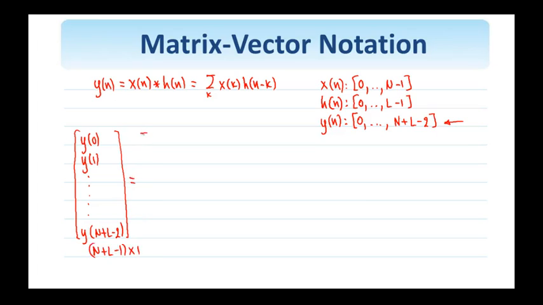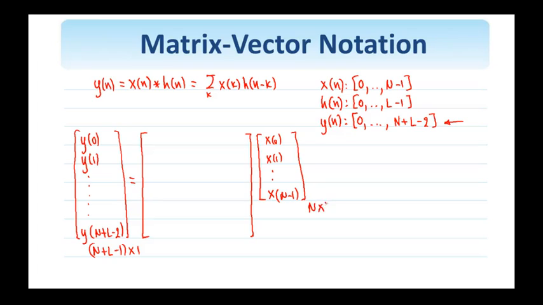So this will be equal to a matrix here that will multiply the signal x. So here's x0, x1, x of n minus 1. So x clearly has dimensions n by 1, and therefore this matrix has dimensions n plus L minus 1 times n.